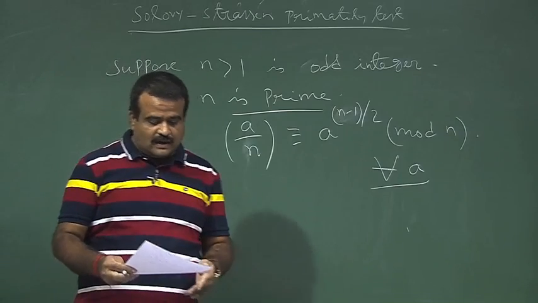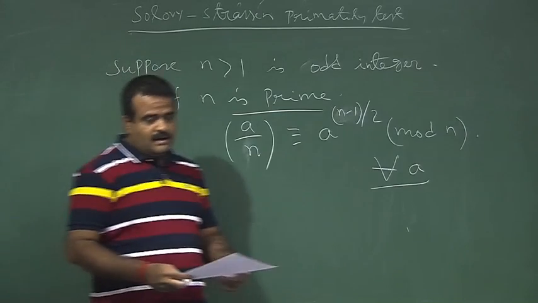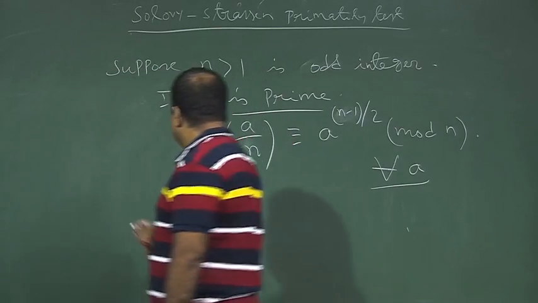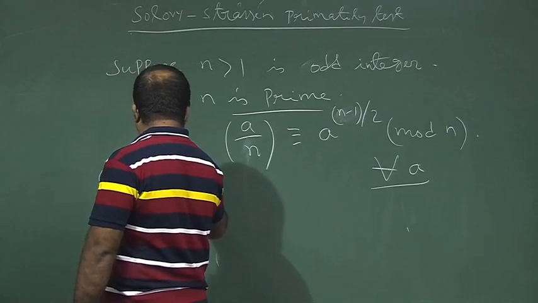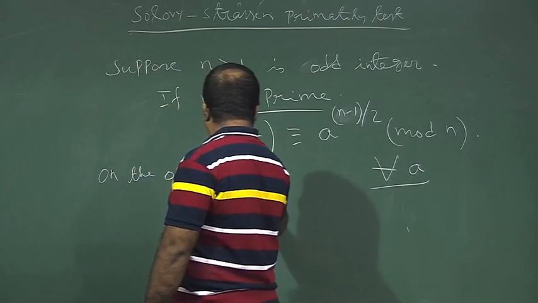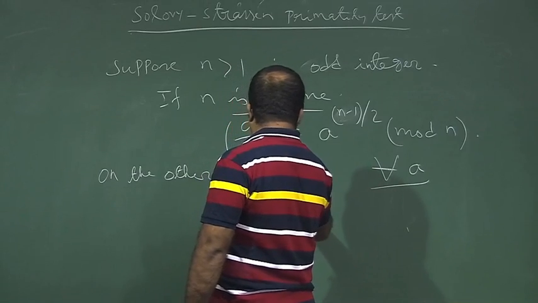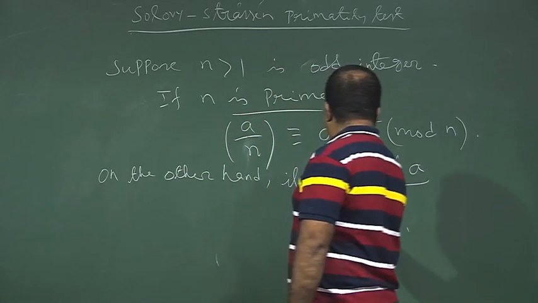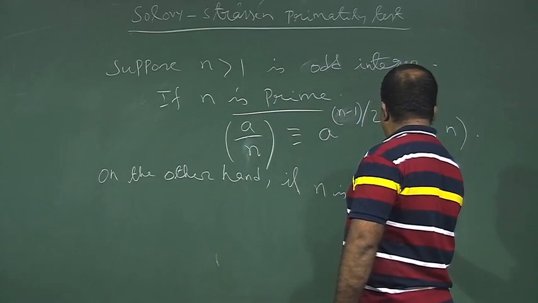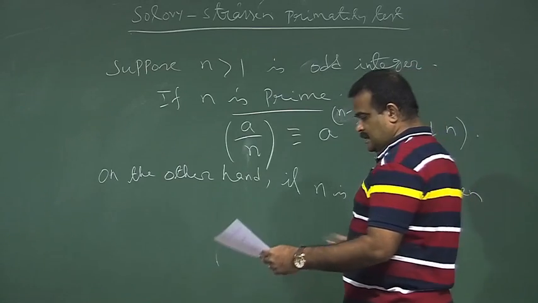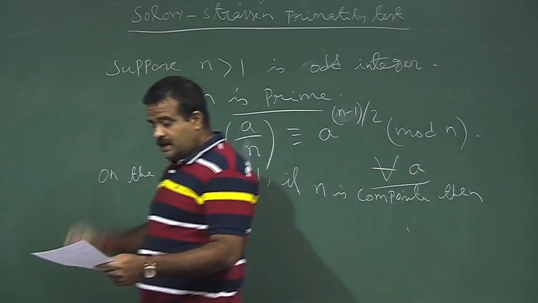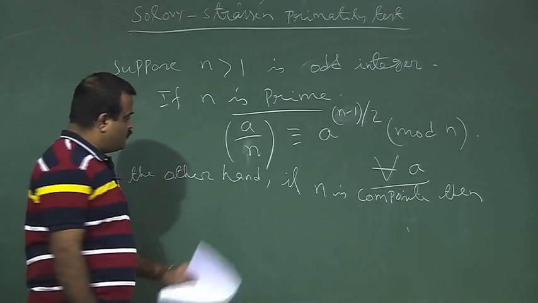On the other hand, if n is composite, then this may or may not be true.